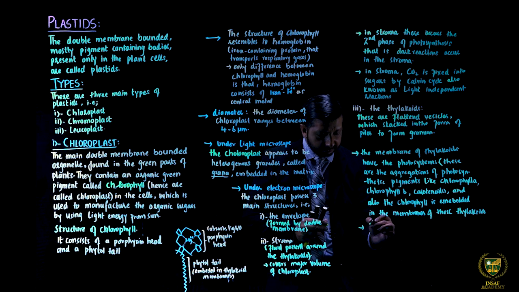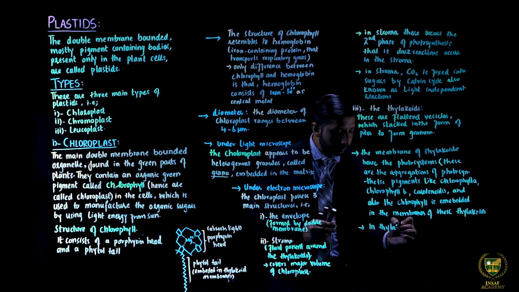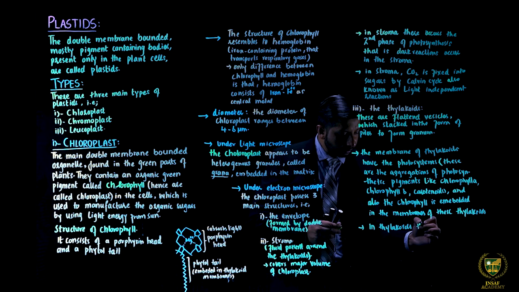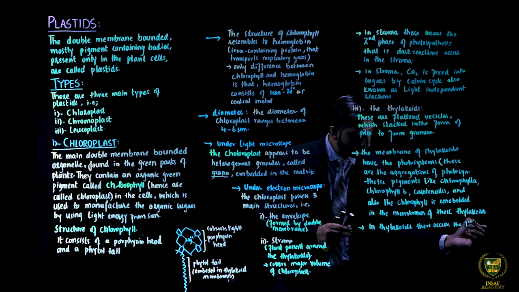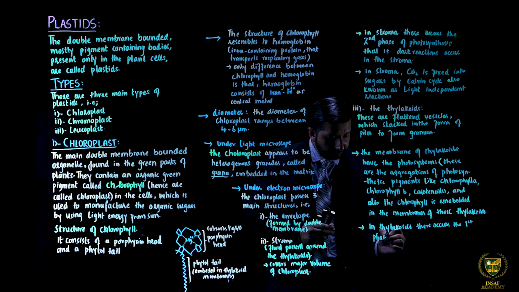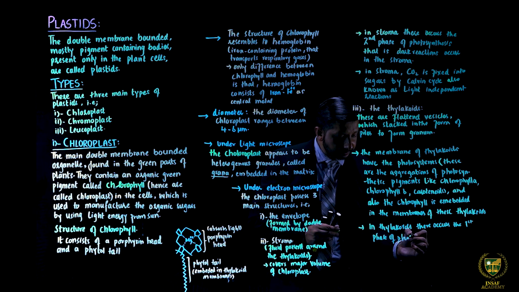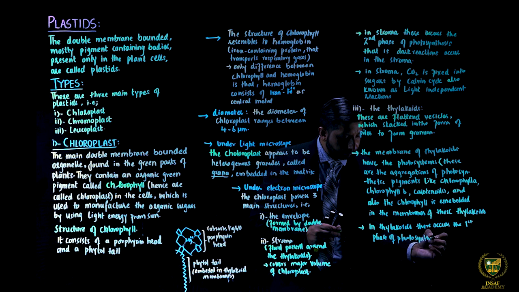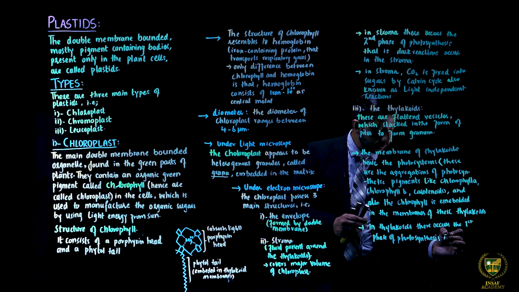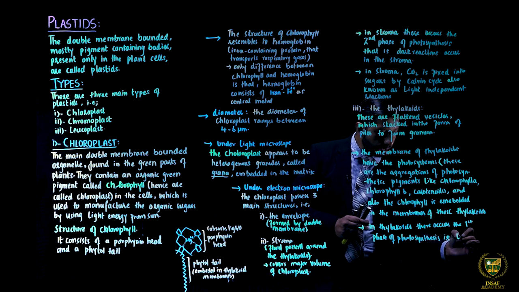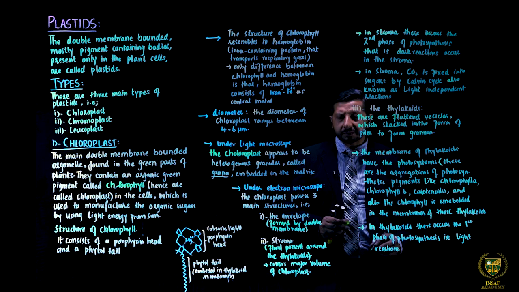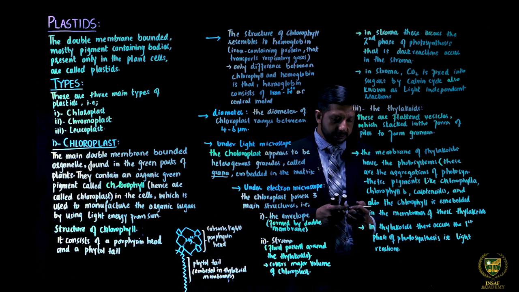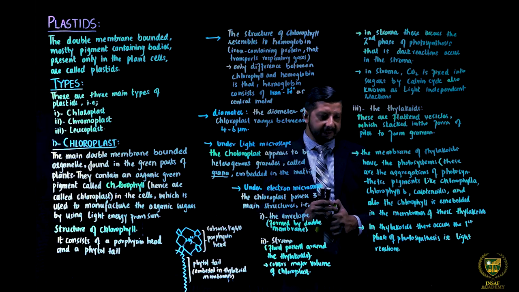And in thylakoids, there occurs the first phase of photosynthesis. That is light reactions. Clear? And its further details will be shared in chapter number 11 bioenergetics.